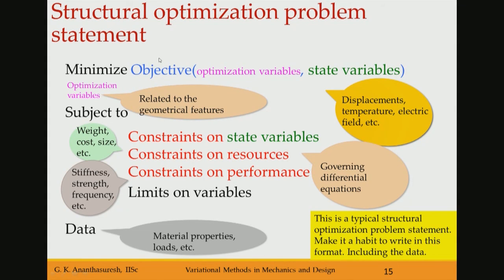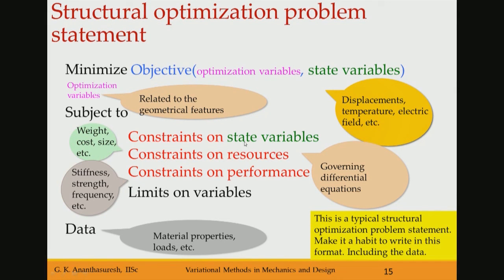If you look at a structural optimization problem, you minimize some objective function which will be in terms of optimization variables and the state variables, what we called subsidiary variables a couple of slides back, additional variables. Usually displacement, strain, stresses and temperature, electric potential, all those are state variables.